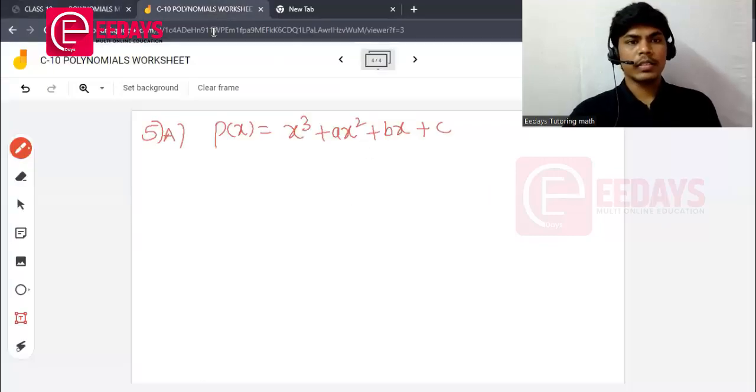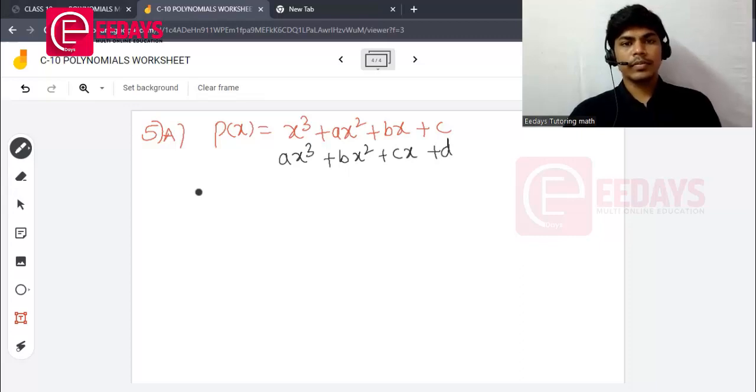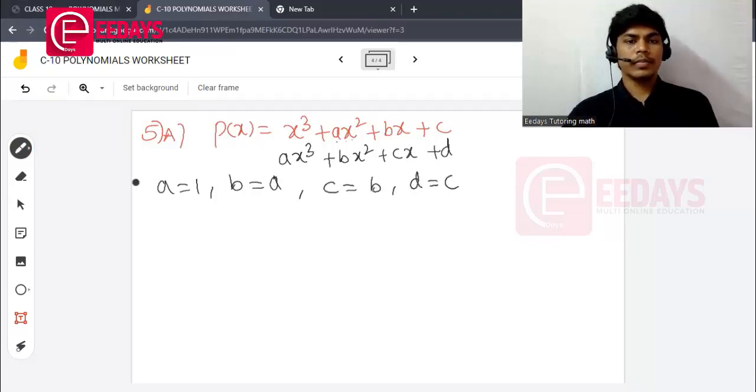You just compare with the general form. The general form is ax cube plus bx square plus cx plus d. So here a is equal to 1 and b is equal to a, the x square coefficient a they given. And c is equal to b and d is equal to c.